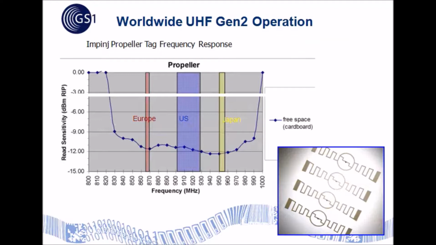So finally, EPC Global tried to define the spectrum which can be used for the RFID tag, especially at the UHF spectrum. And this broad availability of the UHF spectrum ensures the same RFID tag can operate worldwide.